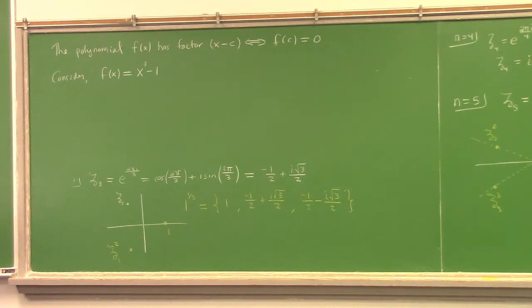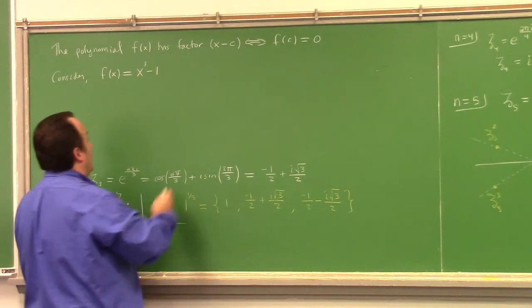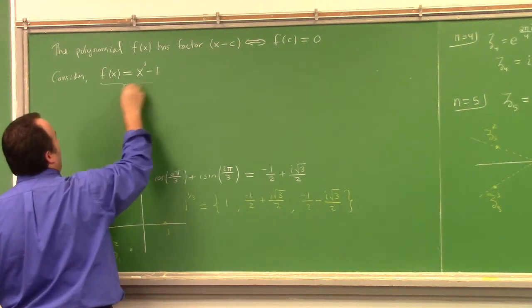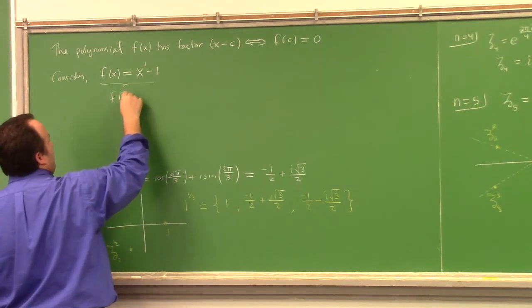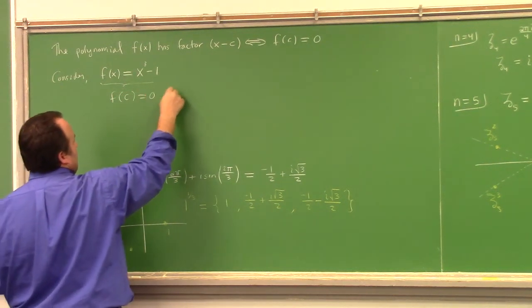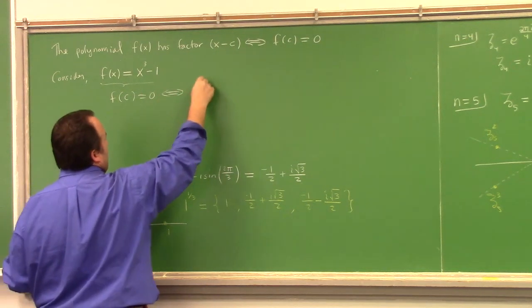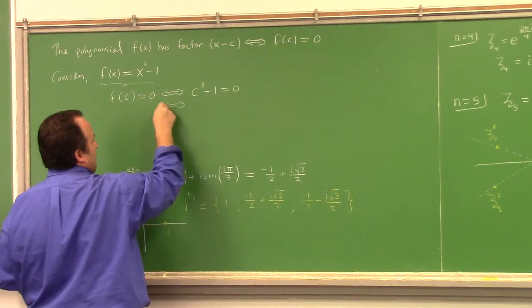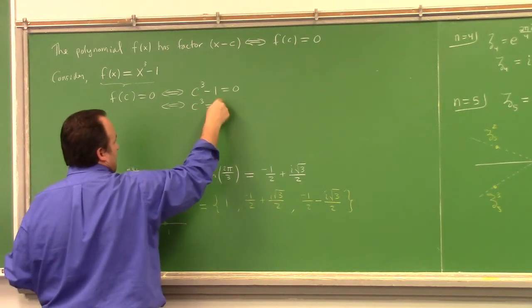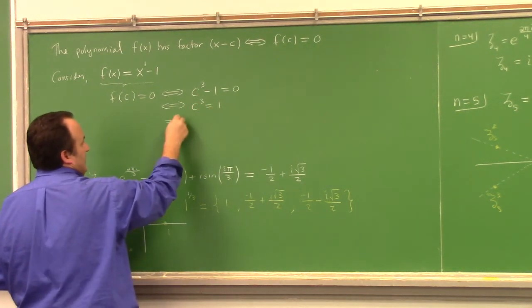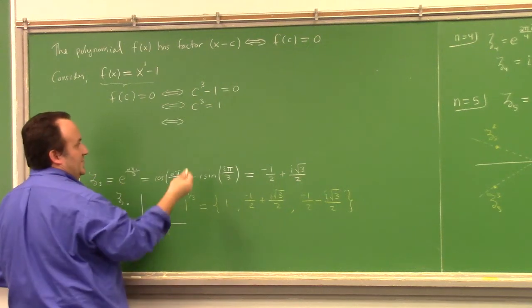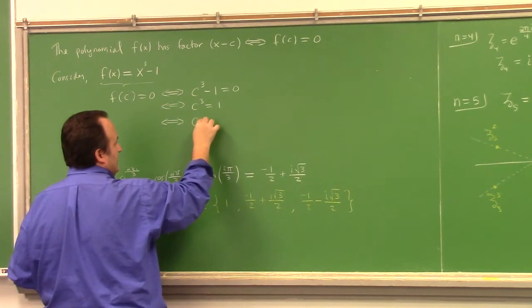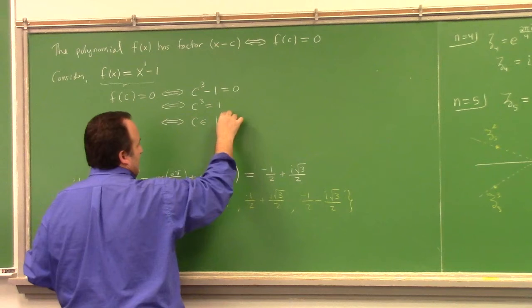What does it mean for that to have a 0? f of c equals 0 is the same as c cubed minus 1 equal to 0, which is the same as c cubed equals 1, which I believe, if we allow c to be complex, means that c is an element of the third roots of unity.